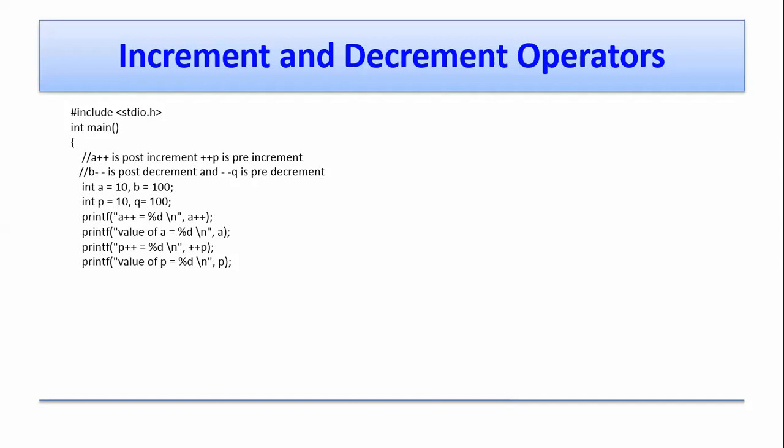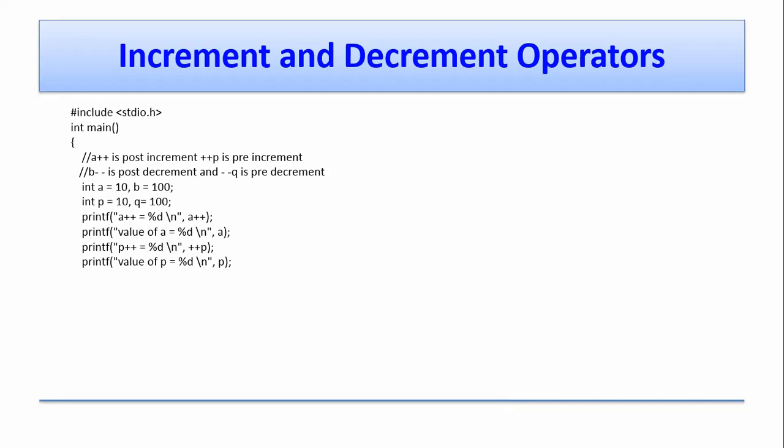If you say 10 increment by 1, that is 11. Decrement means decrease by 1, or subtract. 10 decrement by 1, that is 9. Increment means one is added, that is 11. Decrement means one is reduced, that is 9.